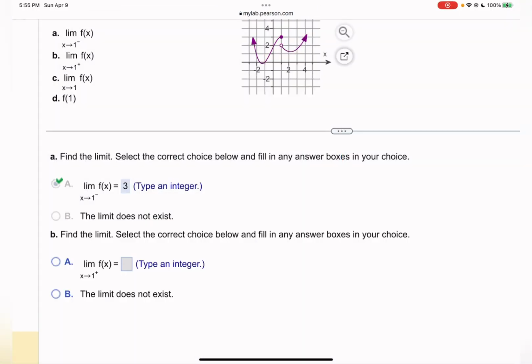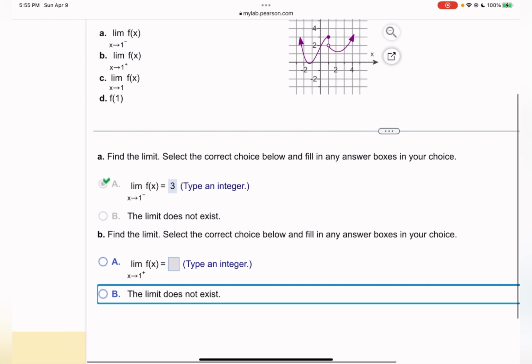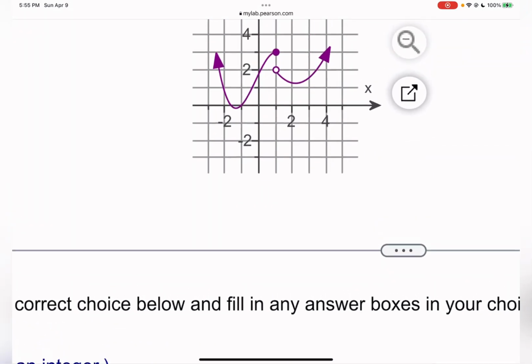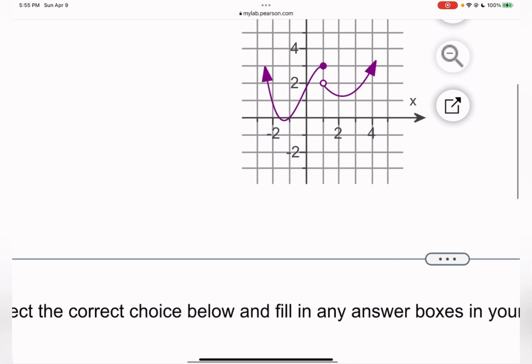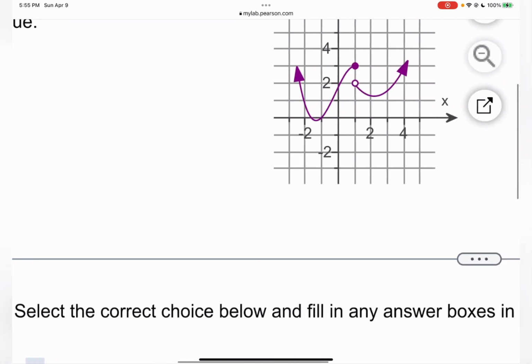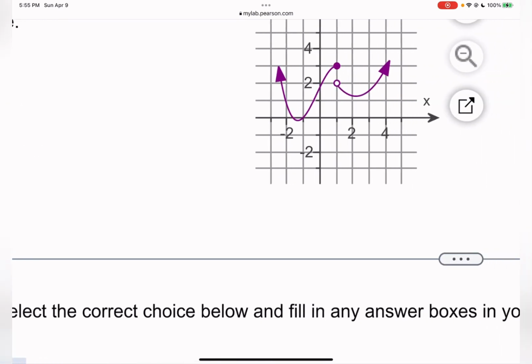All right. Next one. We have the limit of f of x as x approaches 1 from the positive side. From the positive side, we are facing this empty circle, right? And the y is going to be 2.